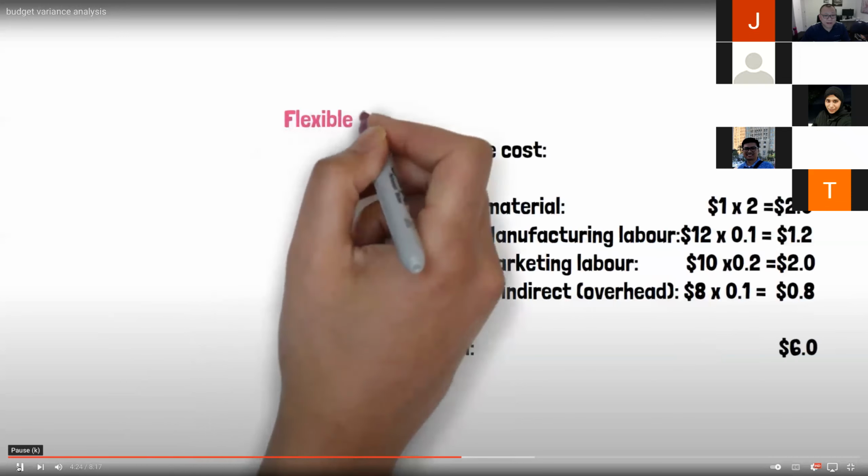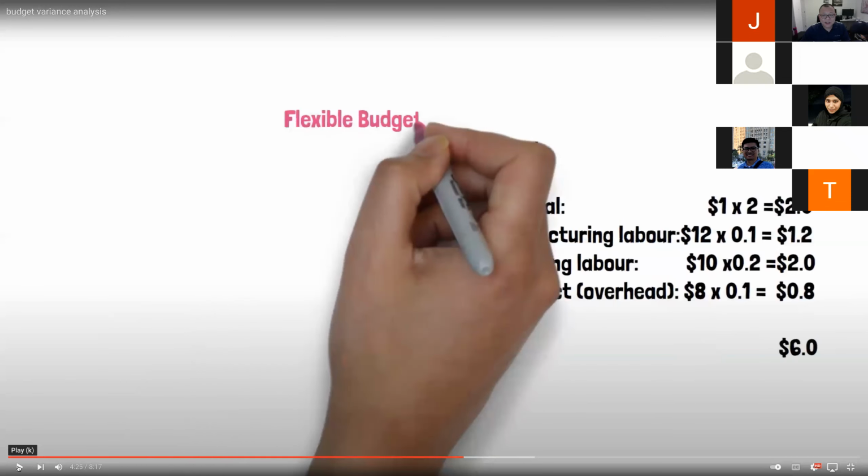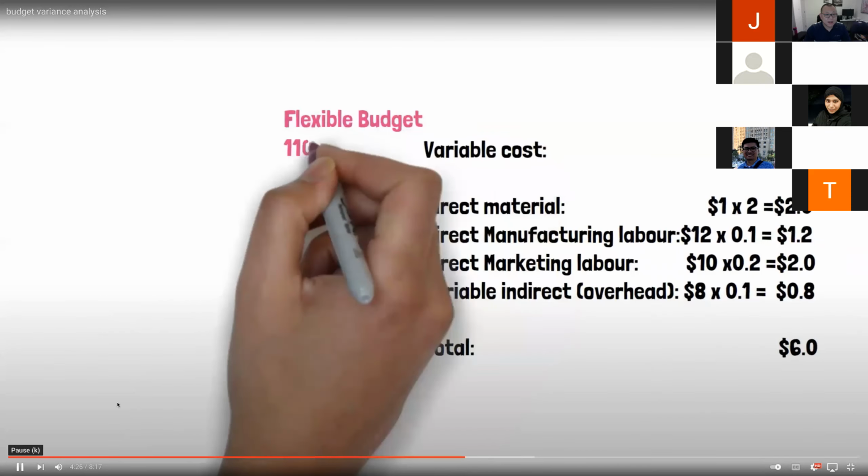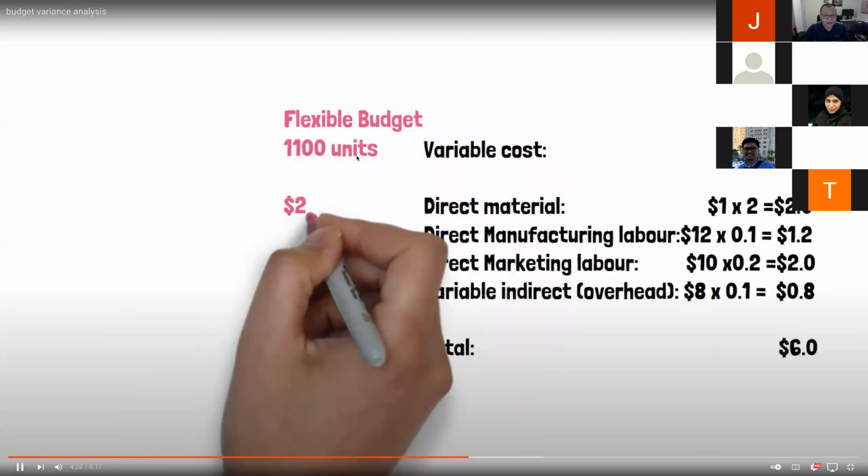Okay, now what's my flexible budget? Can anyone tell me how I figure out this flexible budget? Here it's 1,100 units. So easy, right?